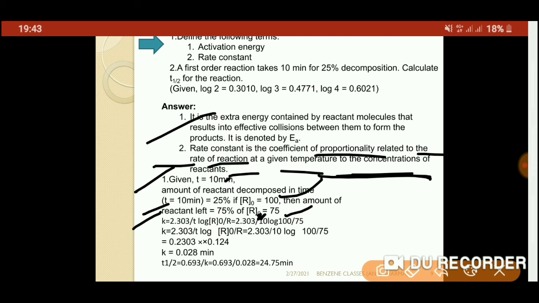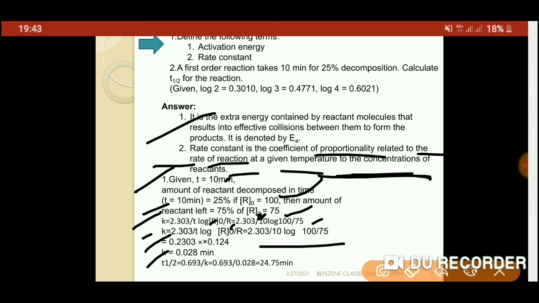Put down the values of R naught and R, and t is 10 minutes, not converted into seconds. So k equal to 2.303 upon 10 log 100 upon 75. Then you will get the solution: 0.2303 into 0.124, so the rate constant is 0.028 per minute.